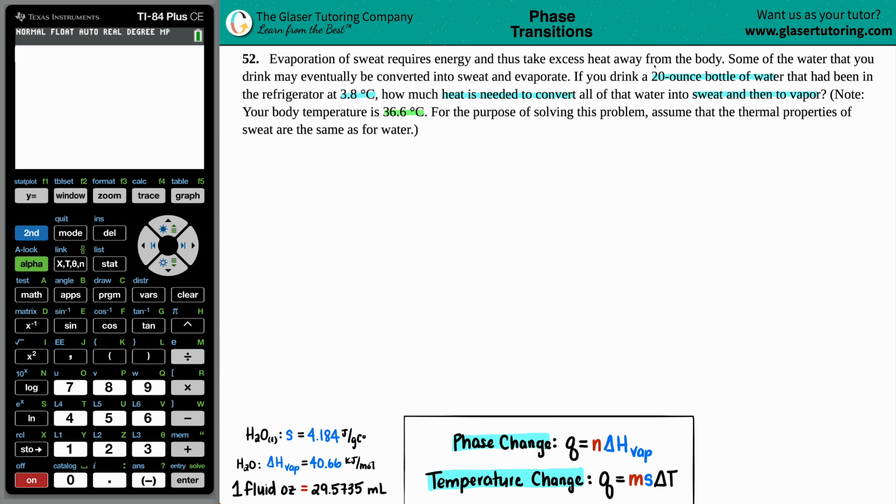So all of the water that is being drunk is going to leave the body via sweat and then vaporize. So we just want to find out how much heat it costs for that 20-ounce bottle to come out as sweat and then to vapor.